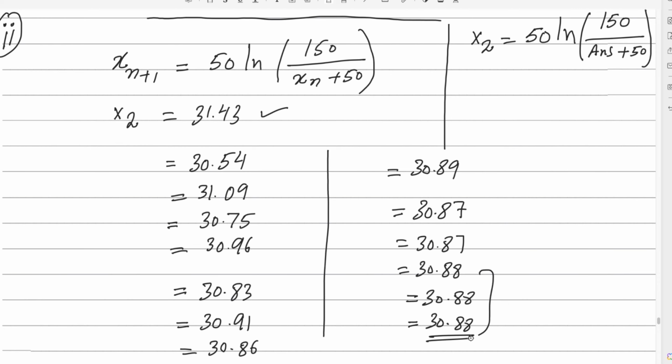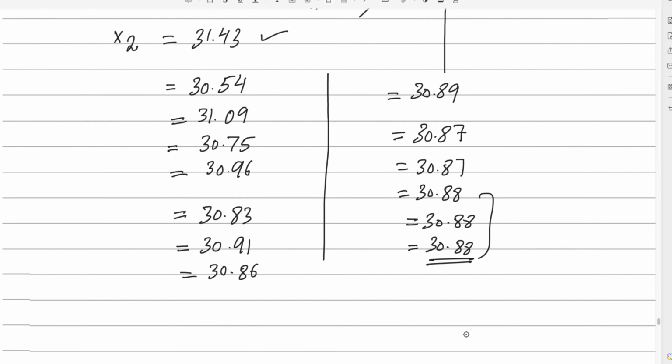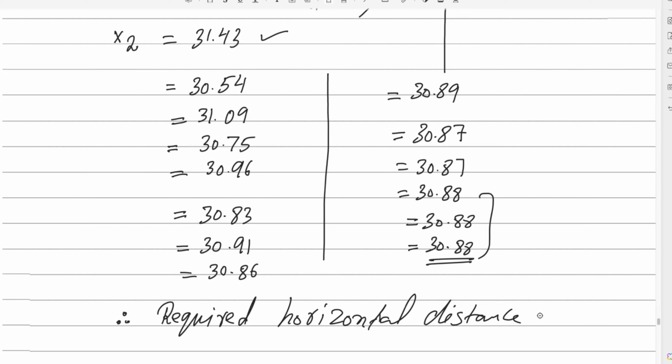So this will be the final answer for the horizontal distance when it reaches the maximum height. Required horizontal distance equals 30.88. So this is the answer for this part, 30.88.